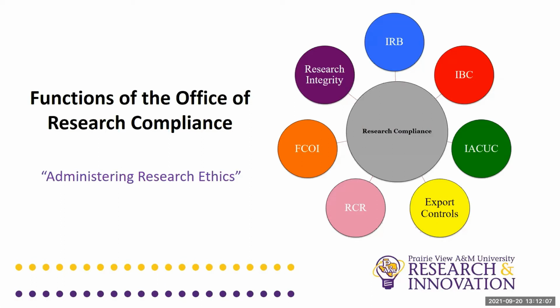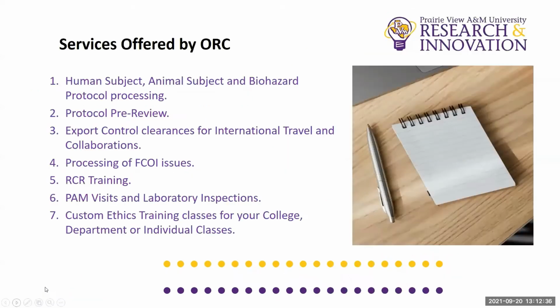We handle IRB, which is human subjects research, IBC, which is biohazard research, IACUC, which is animal research, any export control issues, and responsible conduct of research training, financial conflict of interest having to do with research, and research integrity, which is plagiarism, falsification, fabrication of research data. So I know those are huge, big topic areas, but we do cover all those.